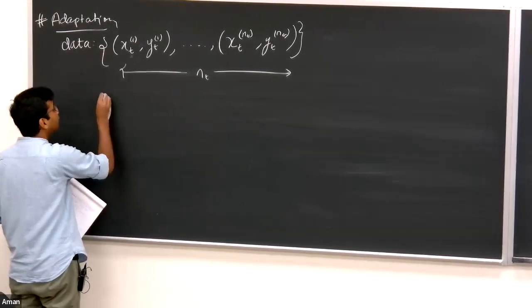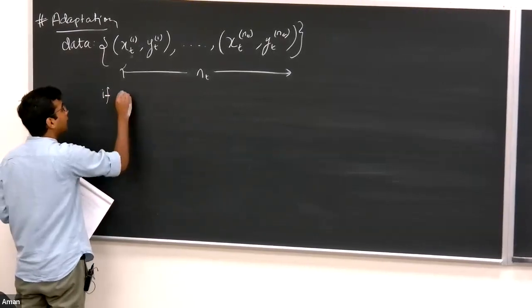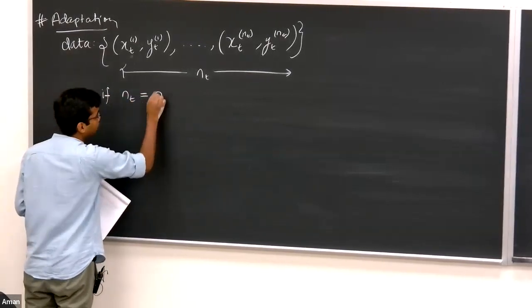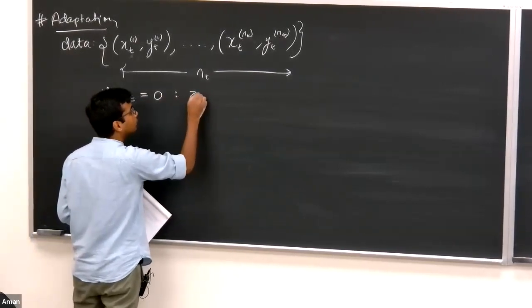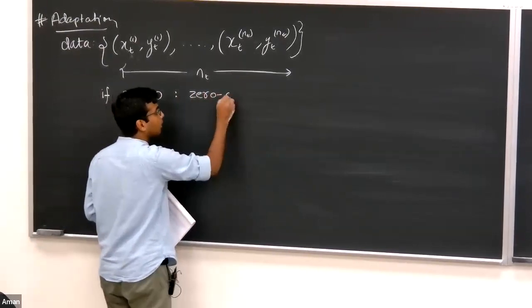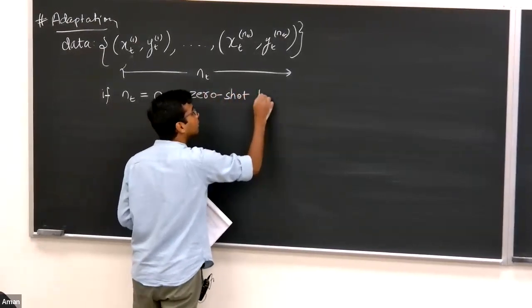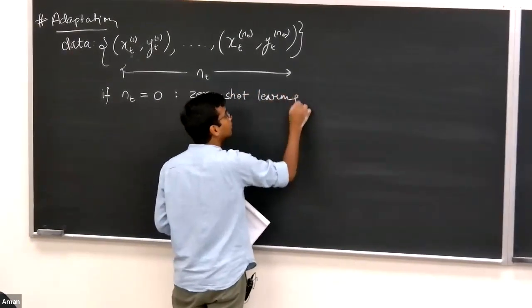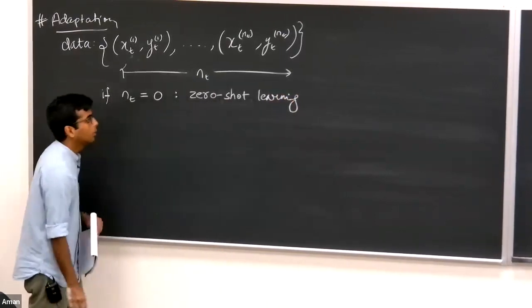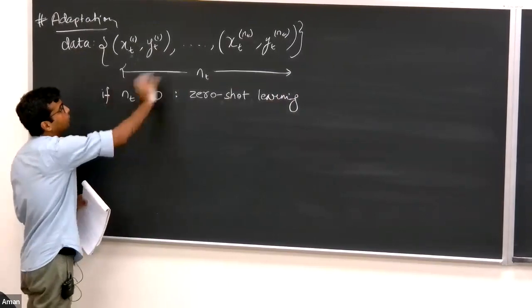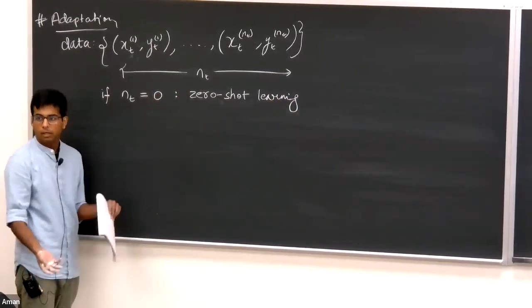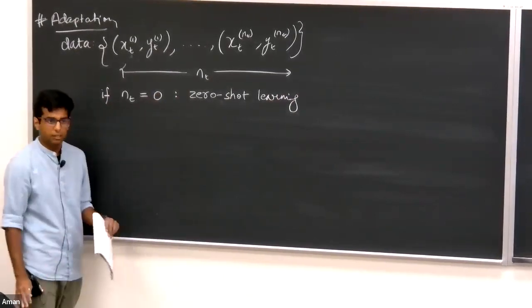And if N t is equal to 0, this is known as zero shot learning. By zero shot learning, it means that without having any extra samples for a given task, the model is already able to generalize to a new task.